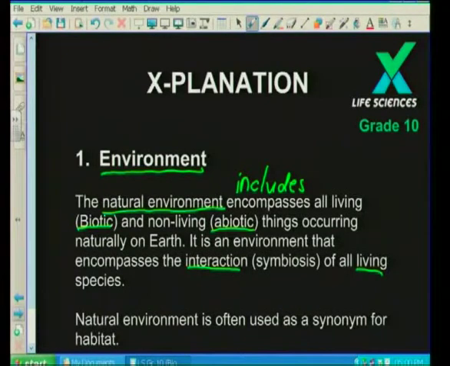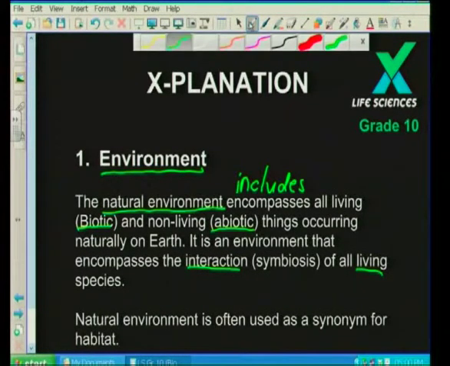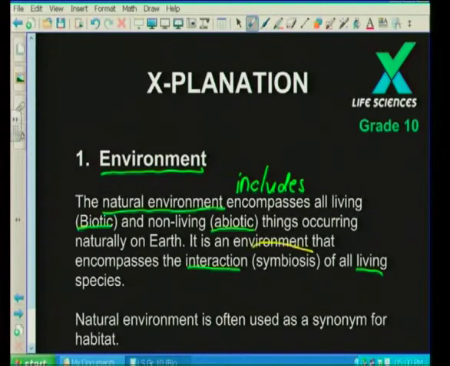So it encompasses the interaction of all living species. Now you see that big word, symbiosis. You can say, I have never heard of this word maybe before, or maybe you have heard of that word before. Now what does it mean? I'm going to just explain to you very briefly what the word symbiosis means. Symbiosis means the living together of two organisms.